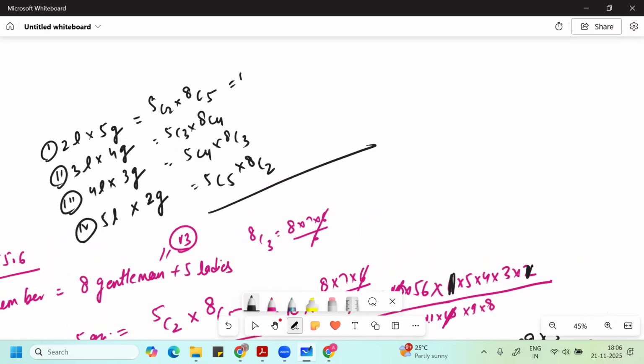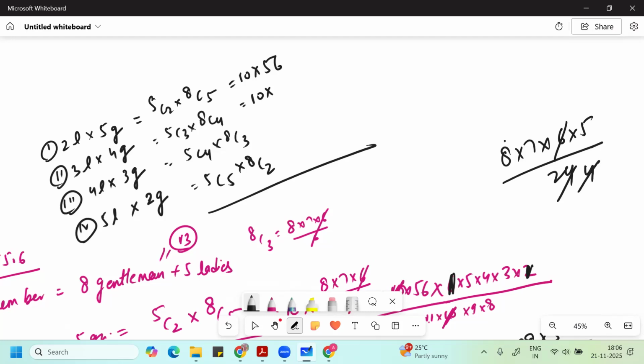5C2 is 10, 8C5 is 56. 5C3 is 10, 8C4 is 8 into 7 into 6 into 5 by 24, that is 70. Then 5C4 is 5, 8C3 is 56, and 5C5 is 1, 8C2 means 8 into 7 by 2, that is 28.